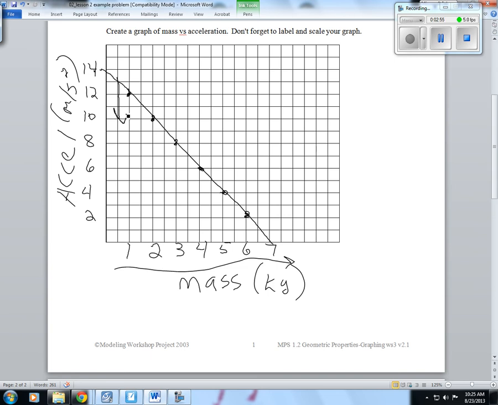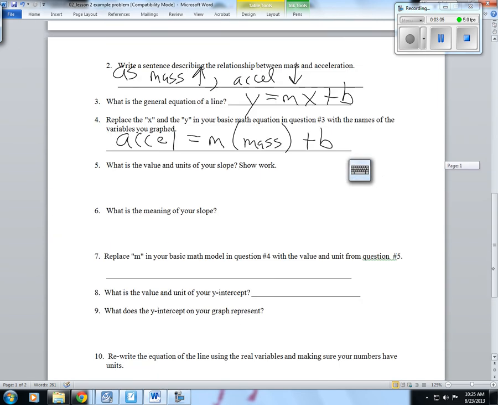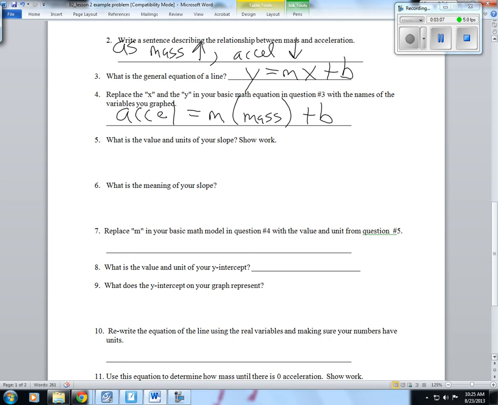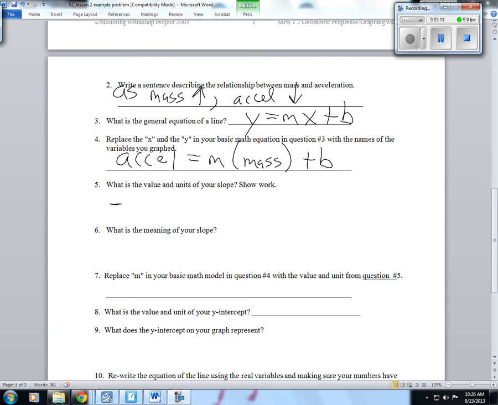So we're going down 2 over 1. Since it's sloping down, it's actually a negative, so negative 2 over 1. Now we need units. That's negative 2 meters per second squared over 1 kilogram.